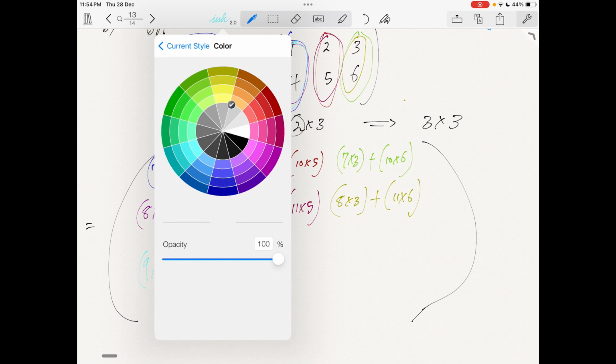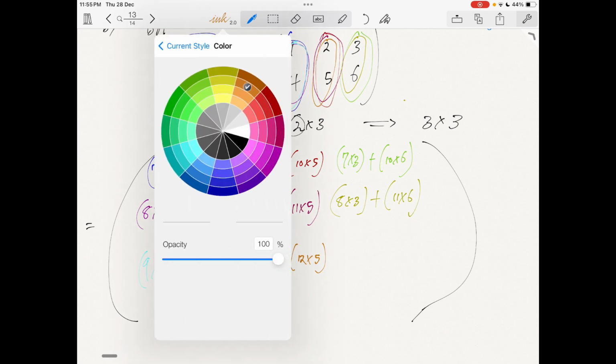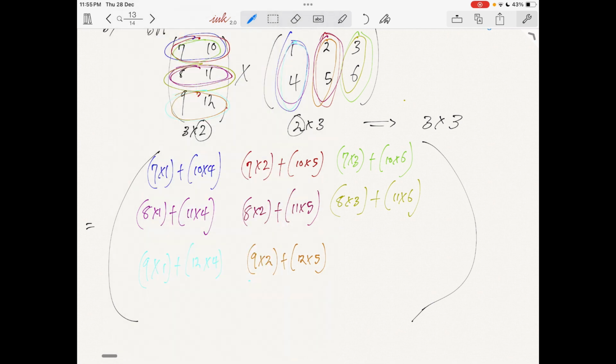So we have this multiplied by this, so 9 times 2 plus 12 times 5, and then finally, almost done. Let's make it very thick. So 9 times 3, and we add it to 12 times 6.